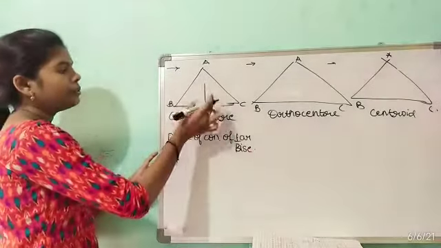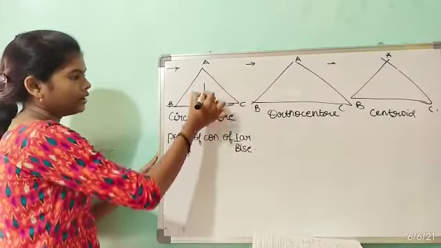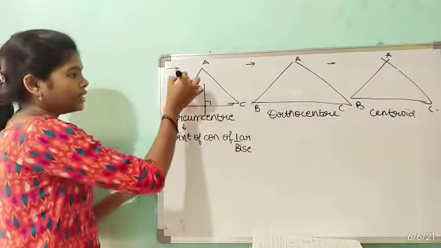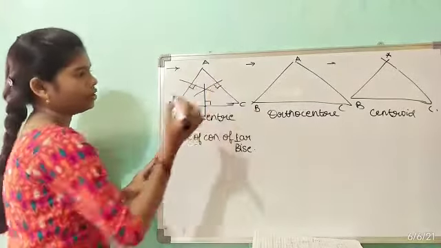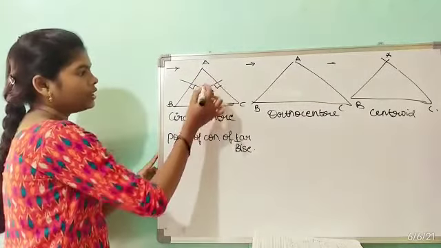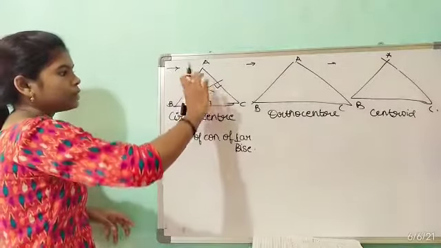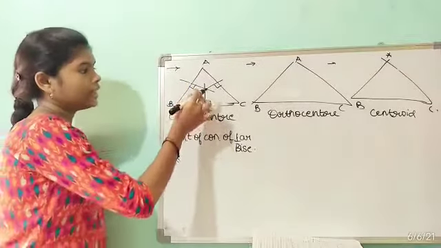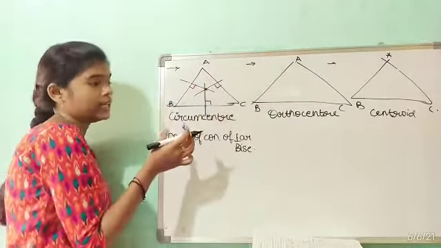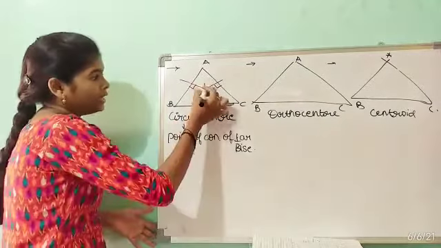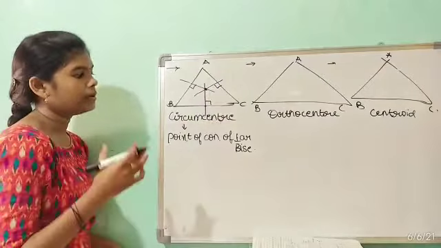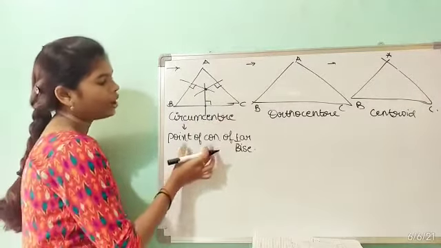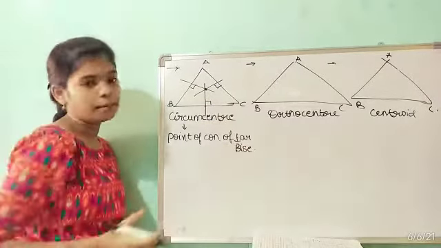If you bisect the BC line perpendicularly, and the AB line and AC line also, where these lines have only one common point, then these lines are known as concurrent lines. We have already learned that. This point of concurrence will be the circumcenter. So the circumcenter is nothing but the point of concurrence of perpendicular bisectors.